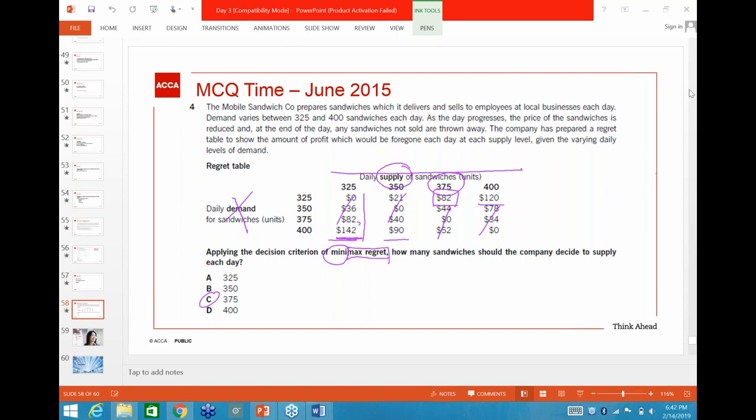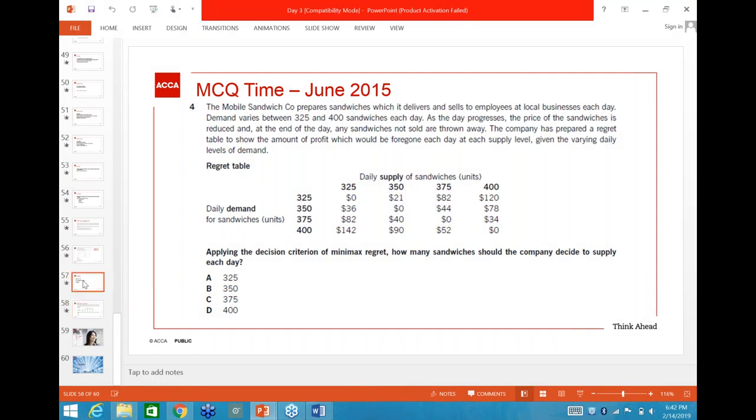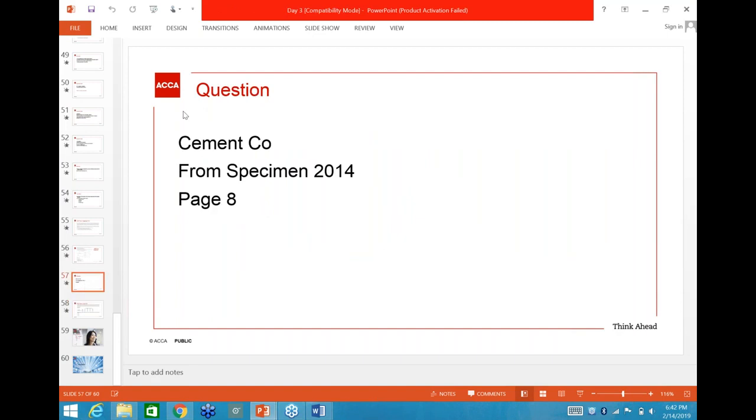I'm going to clear this. 3, 2, 1. And the last slide in the presentation says go to page 8, cement company, from the specimen paper way back in 2014.